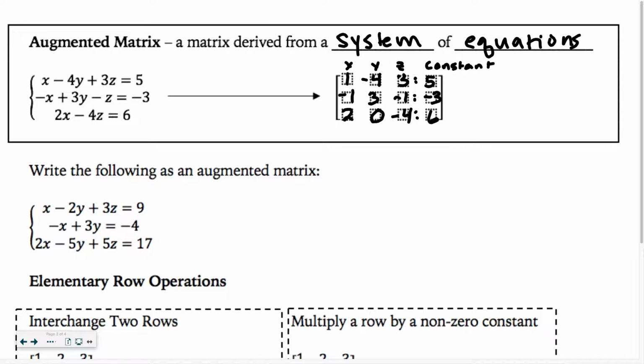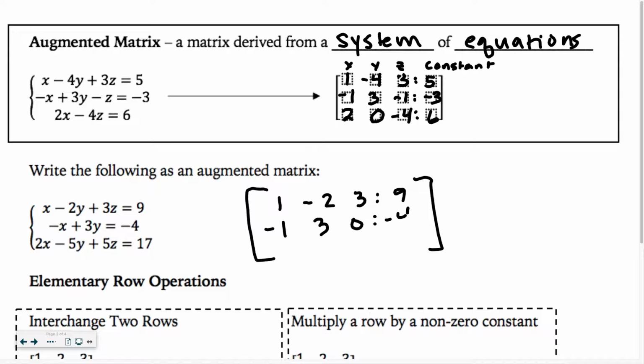Remember, when you're writing the system in the matrix, you get rid of all the unknowns, the variables. Look something like that.